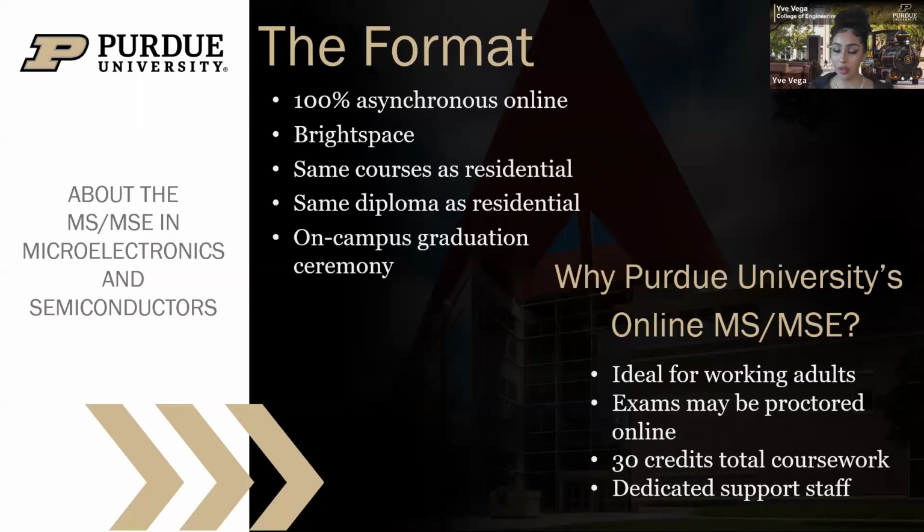If you do not have an engineering bachelor's, you would be earning an MS, whereas someone that does have an engineering bachelor's would be earning an MSc. Now you are welcome to participate in the in-person graduation. However, if you are not able to come to campus, we will be mailing you your diploma.